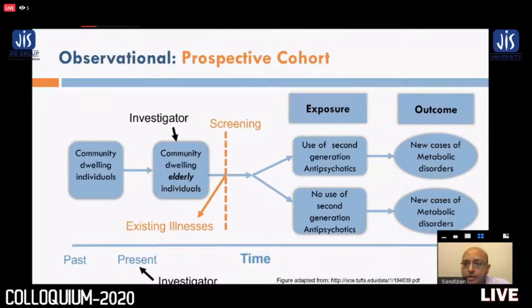And sometimes it's challenging to find a suitable group. If you have a rare disease condition, you have to compare it to something comparable. You cannot compare apples to oranges, right? So finding that good comparison group or control group can be very challenging sometimes. So these are the advantages and disadvantages of your case control study design.